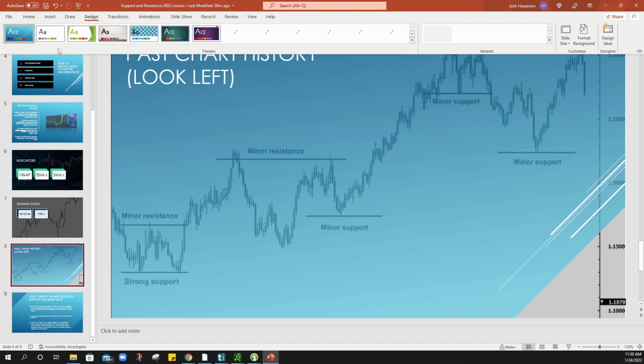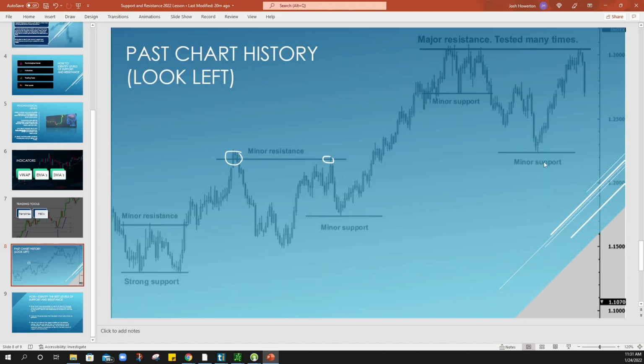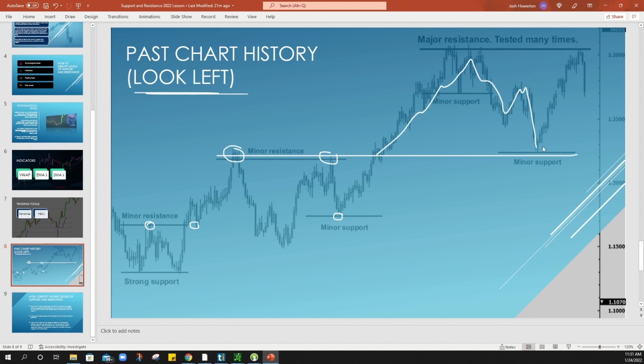Old resistance becomes new support, right? Old resistance becomes new support. So always look left. That's how you're going to be able to identify those levels of support and resistance. Look left. Old resistance becomes new support.